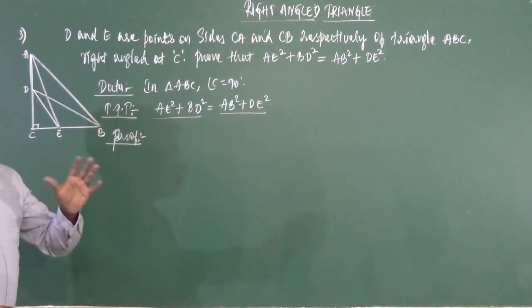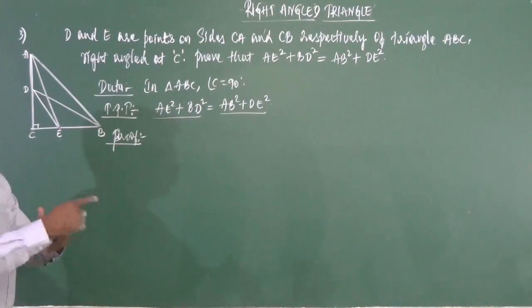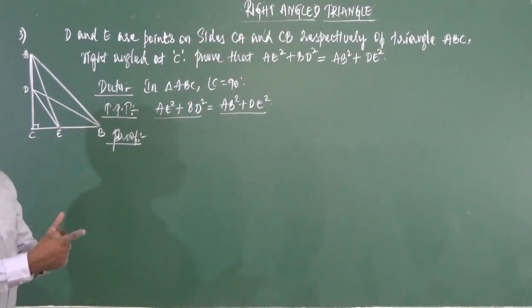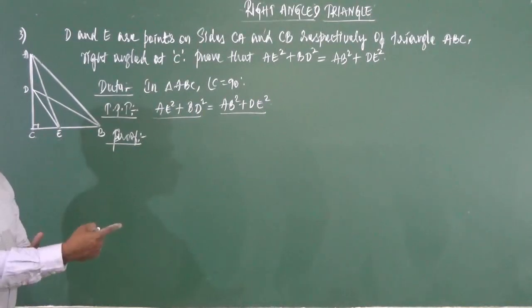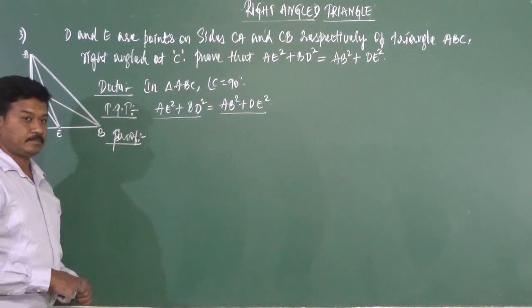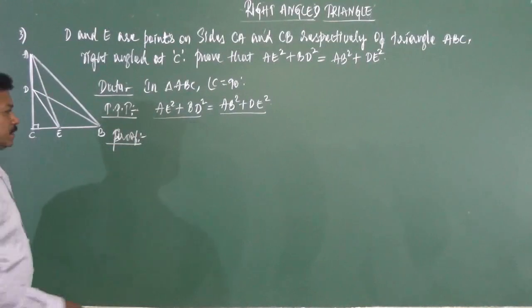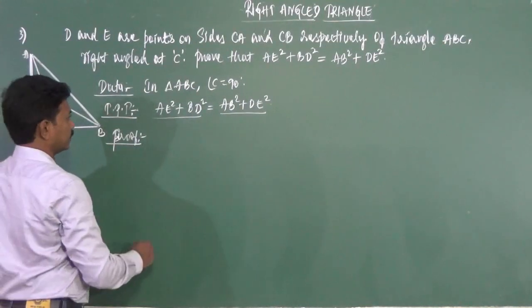The problem will be a little bit tricky. So you have to think and maneuver with the terms from LHS to RHS and RHS to LHS, and also you have to apply Pythagoras theorem, right? In this problem I am going to show you how it comes. Look at this very carefully here.